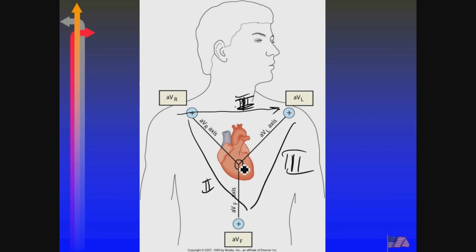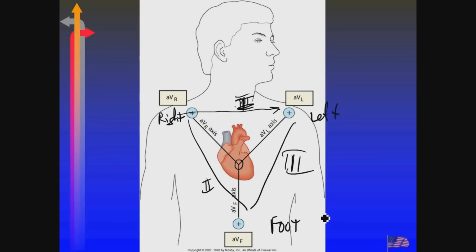AV goes from the center of that triangle out to the right shoulder, AVR, out to the left shoulder, AVL, to the bottom, AVF, AV foot. So right, left, foot. 3 augmented voltage leads: AVR, AVL, AVF. You can tell me the names, I'm happy. Done.